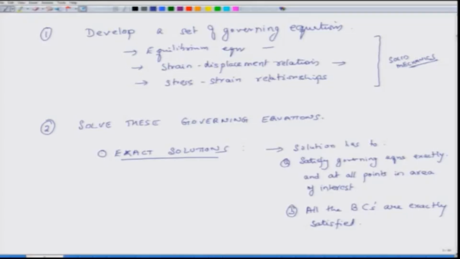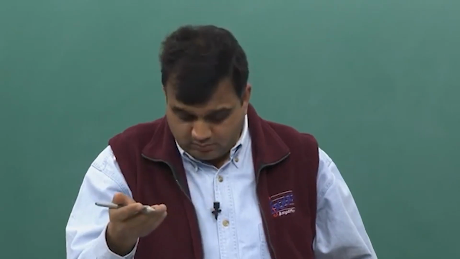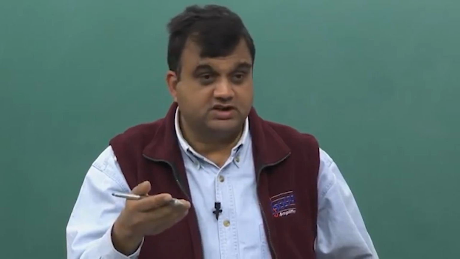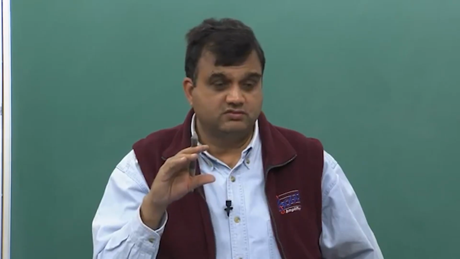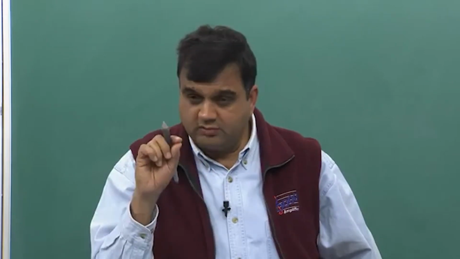In that case, the solution may not be exact. There could be another situation where some boundary conditions are satisfied but not all. So, all the boundary conditions have to be satisfied, and the governing differential equations we are interested in have to be satisfied at all the points.